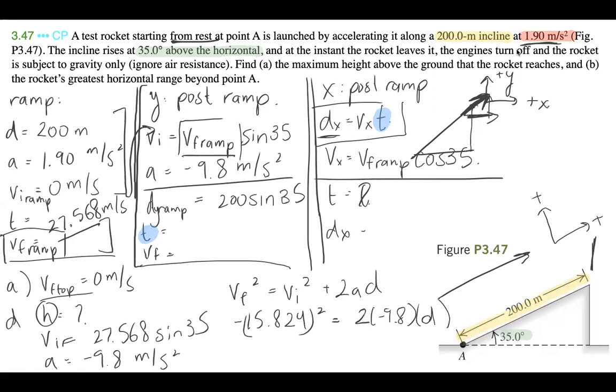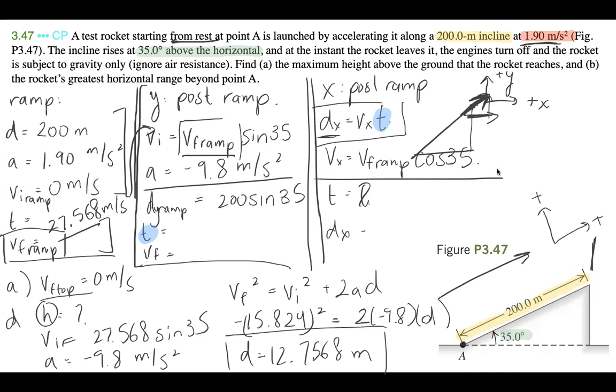Anyways, when I plug that in and solve for that, what I get is D is equal to 12.7568 meters. I'm just going to double check that on my calculator because there are so many steps here. I just want to make sure that I'm giving you all the correct information. Okay, yeah, that looks about right. I just did it again and I have the same numbers. I think I might be off by a few decimal places, but that's probably just a rounding thing.